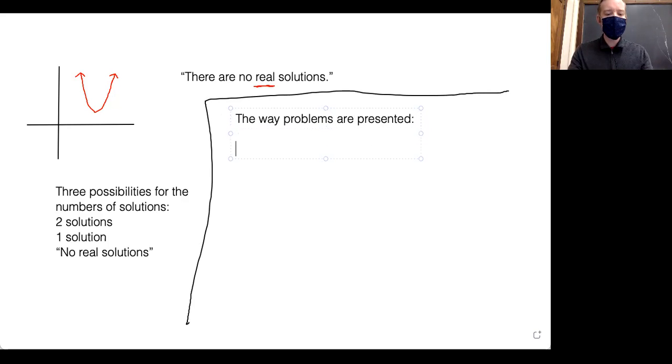First off, you could be asked to solve. So if you're asked to solve, you're asked to find the solutions. And that's another way that this could be phrased. Find the solutions to the quadratic equation.